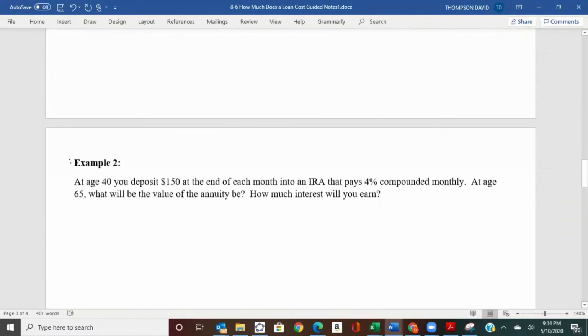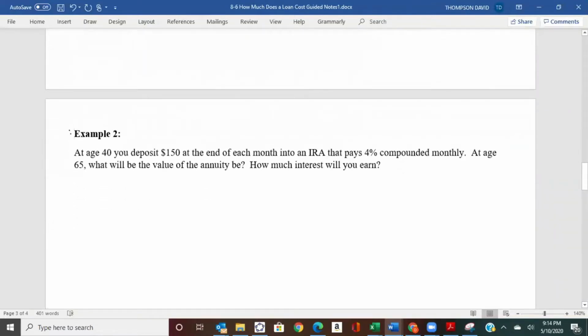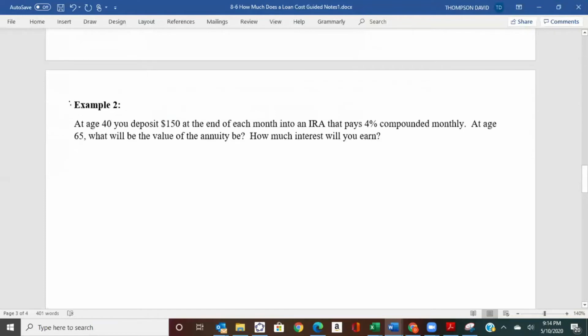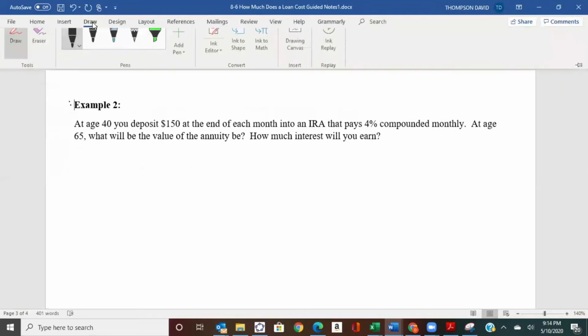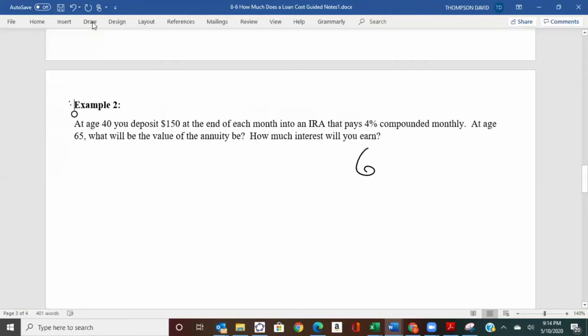Okay, next example is the same as the previous example, except we're starting at age 40 to make our investment. So this time it's just going to be 65 minus 40, which equals 25.